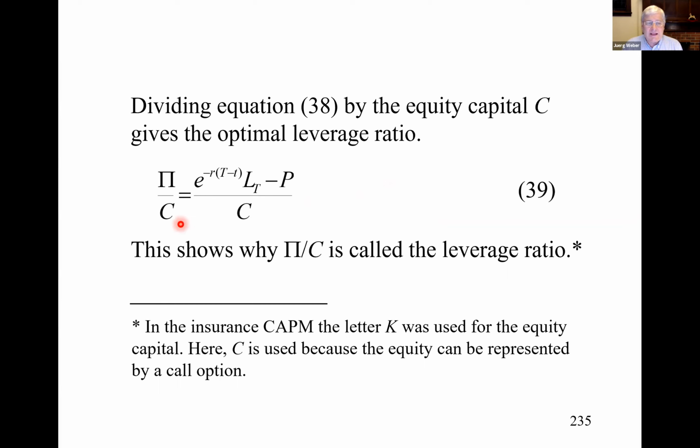Now we can also divide by capital, and what we get here is the old leverage ratio that we discussed before. Now in the insurance capital asset pricing model, we use the actual letter K for capital. Now here we use a C because the equity capital can be represented by a call option. But this is just simply the leverage ratio.